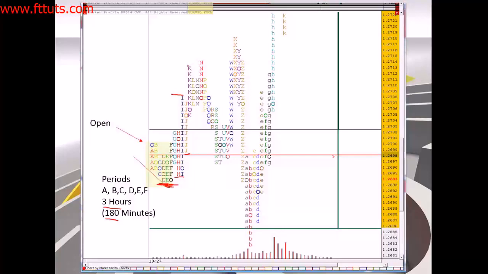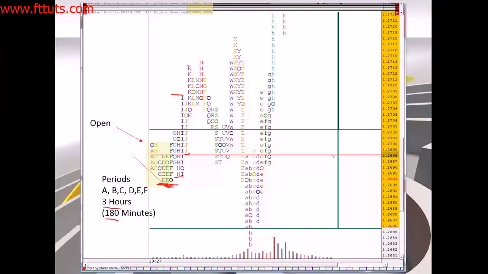But again, these are 30-minute movements, and the market is really moving very, very slowly. So if you notice, all the way from here, 1.2692, all the way up here to 1.2711 or 1.2712, that range is a narrow range as far as forex.